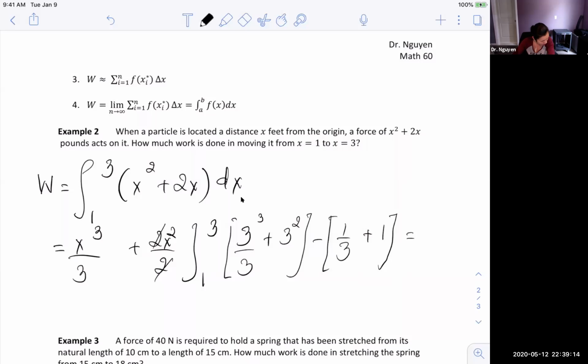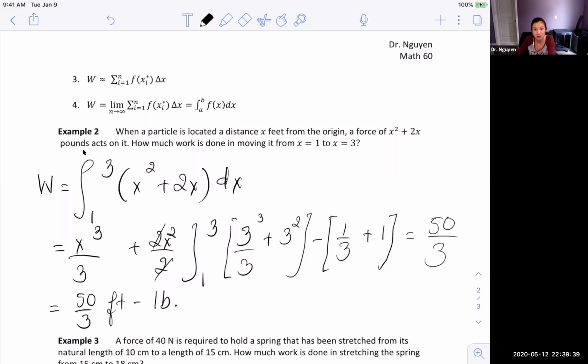So when you evaluate, you're going to get 50 over 3. That's going to be in foot-pounds.